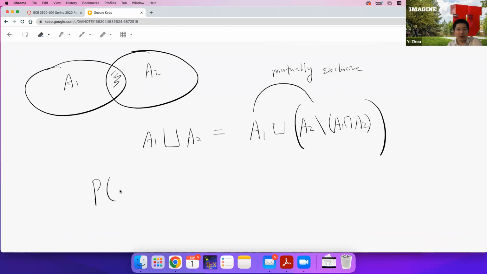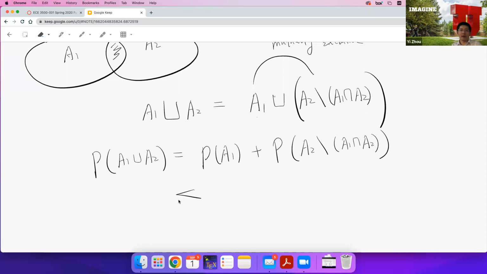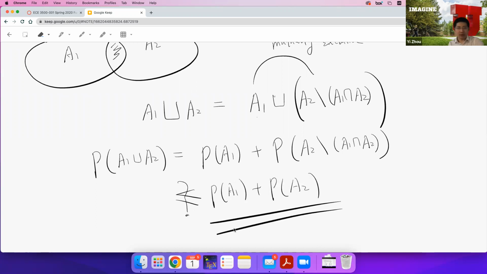Therefore, P(A1 union A2) equals, since these two are mutually exclusive, P(A1) plus P(A2) subtracting their intersection. And then you have to argue why this is less than or equal to P(A1) plus P(A2). So think about that.